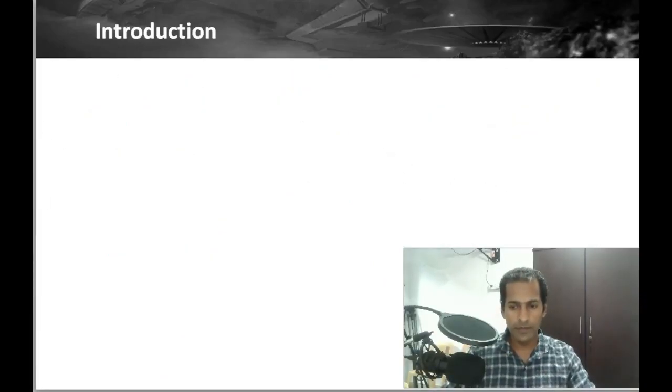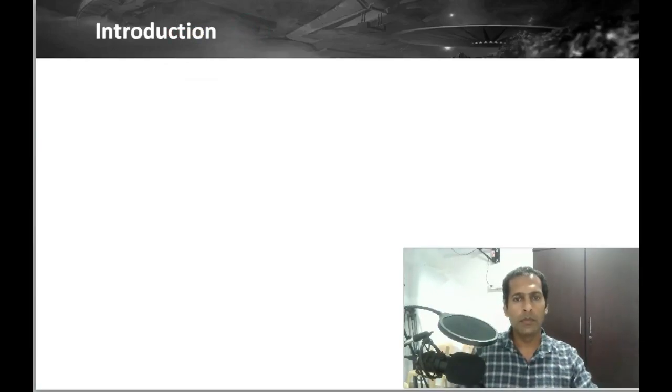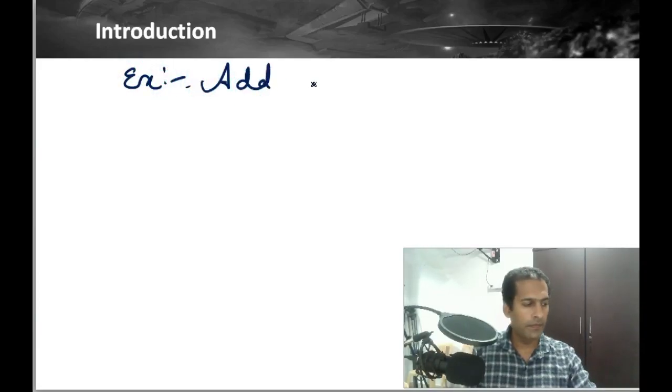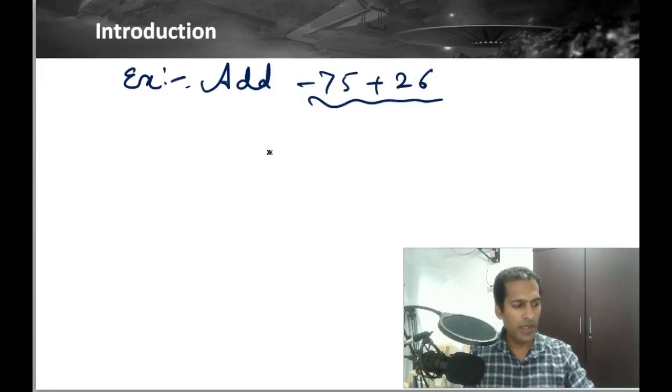So let us take next example. Say example is add minus 75 plus 26 using the 8-bit 2's complement arithmetic.